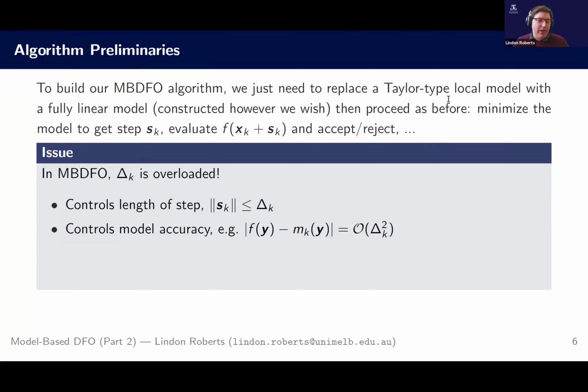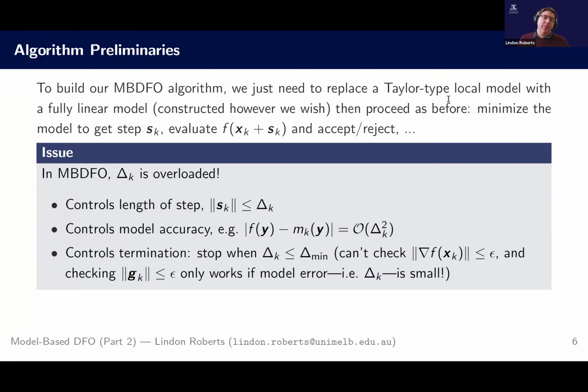The other thing that we end up needing delta for is for termination. We'll talk about this more later, but in a normal derivative-based algorithm, you would stop when your gradient gets sufficiently small within some tolerance. In the DFO setting, we do have a g_k, an approximate gradient, but we can't terminate when that approximate gradient gets small because the error in that approximate gradient is proportional to delta.